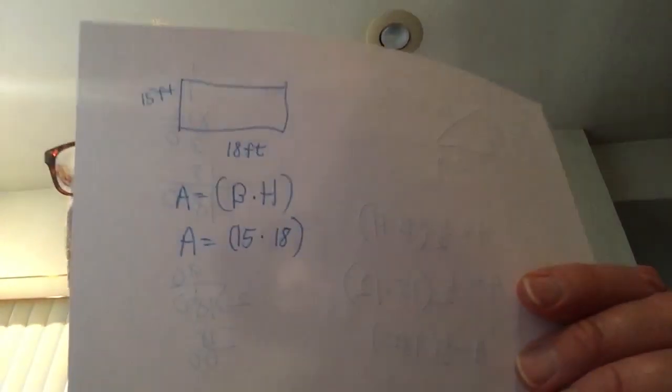Here's my shape, and the formula I'm going to use is area equals base times height, or B times H. Then I'm going to plug in the numbers, area equals, in parentheses, 15 times 18.